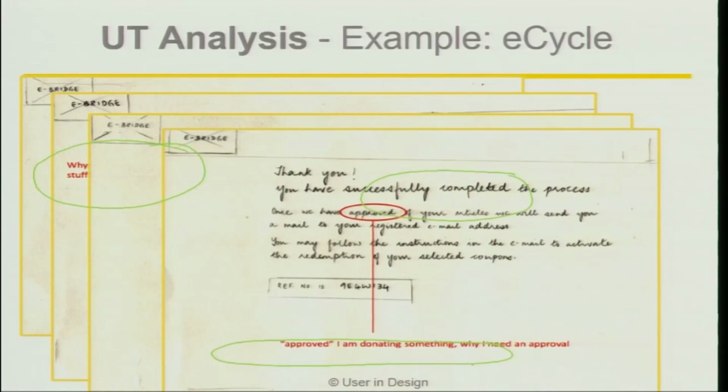It says approved. Once we have approved of your articles, we will send you a mail to your registered email address, right? And the user is saying what? Approved means what? I am donating something. Why do I need an approval? Very valid, very legit, right? Why do I need an approval?